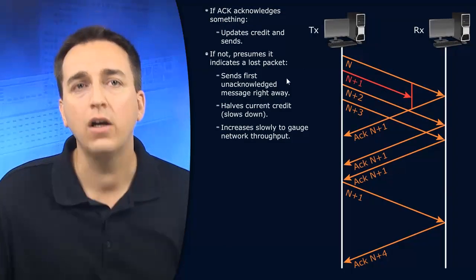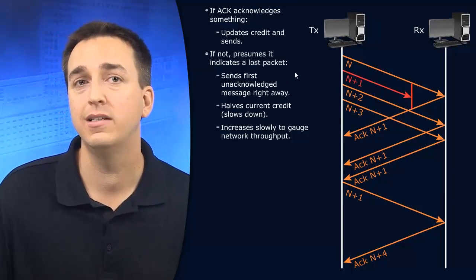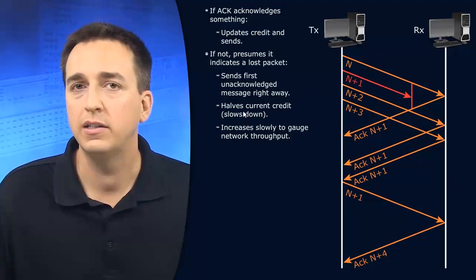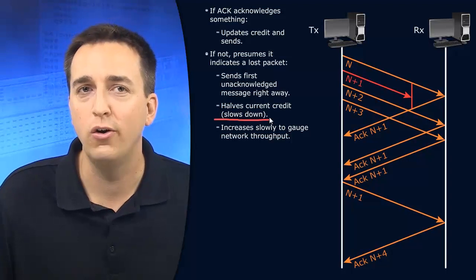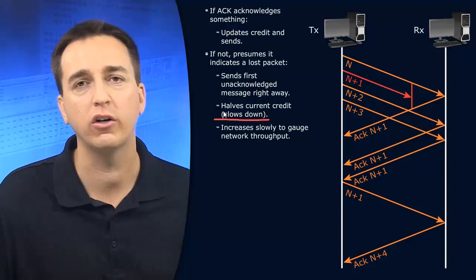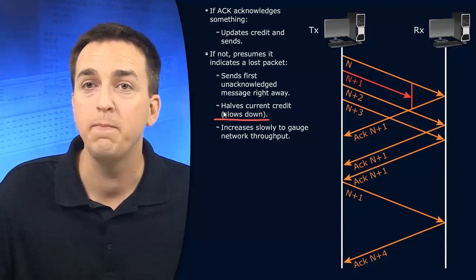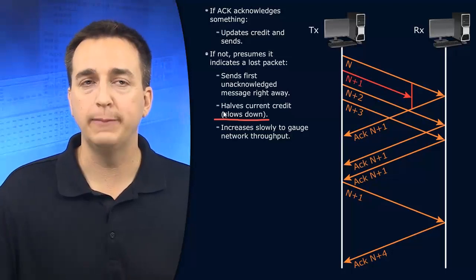It's going to have to back off and adjust the window size and make sure that it sends less. So how much less is it going to send? Well, when it backs off, it's going to slow down. That's what it's known as, slowing down, and it halves the current credit. So if our current credit was 2,000, then we're now at 1,000 bytes that we're going to be sending.